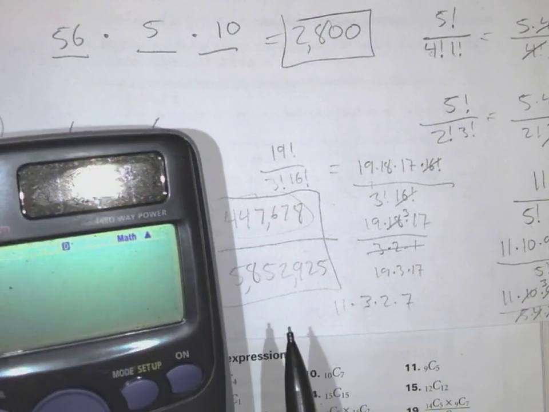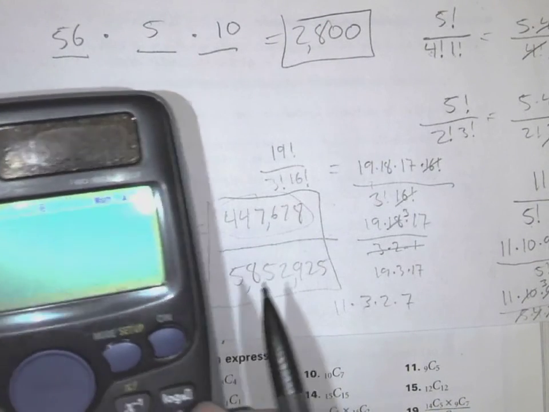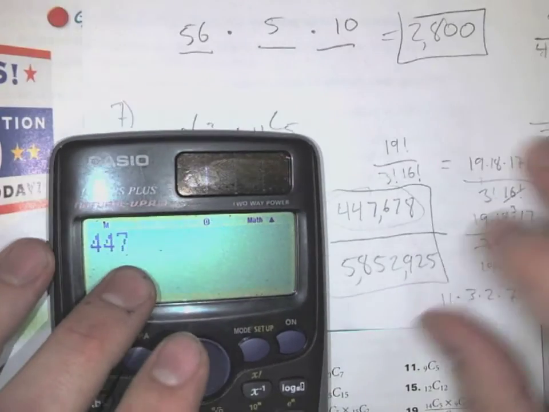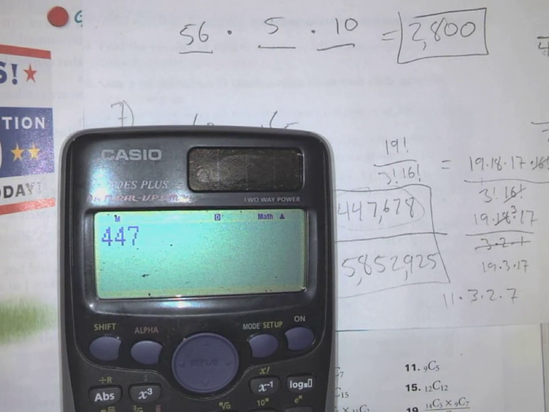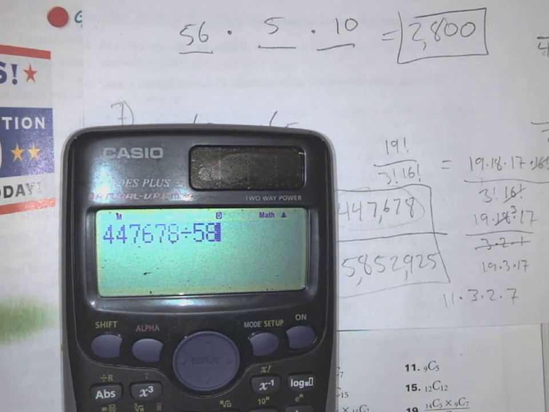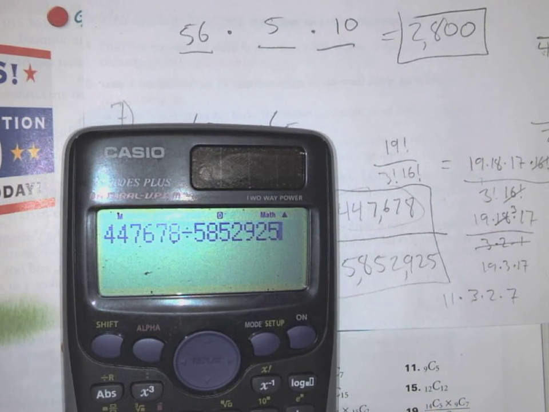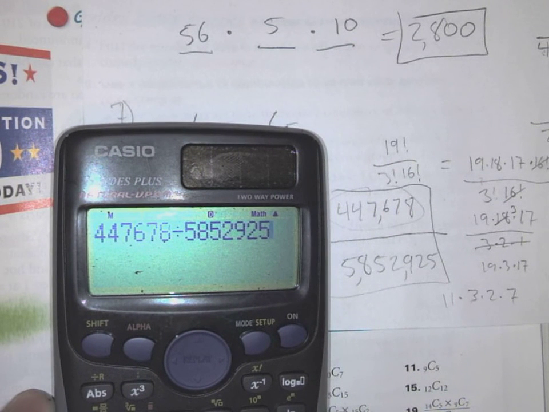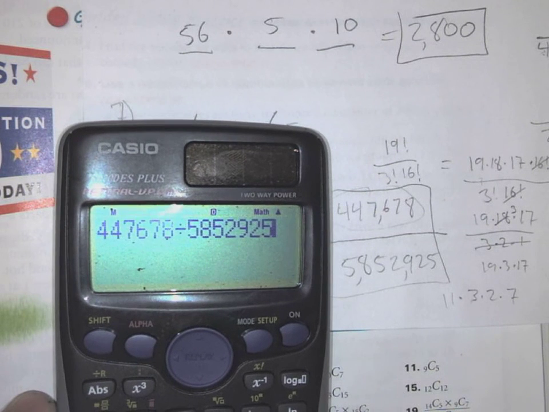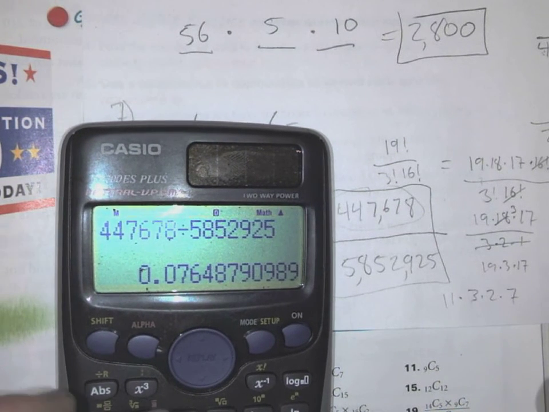It's 447,678 divided by 5,852,925. Double check my numbers real quick. Okay, looks good.